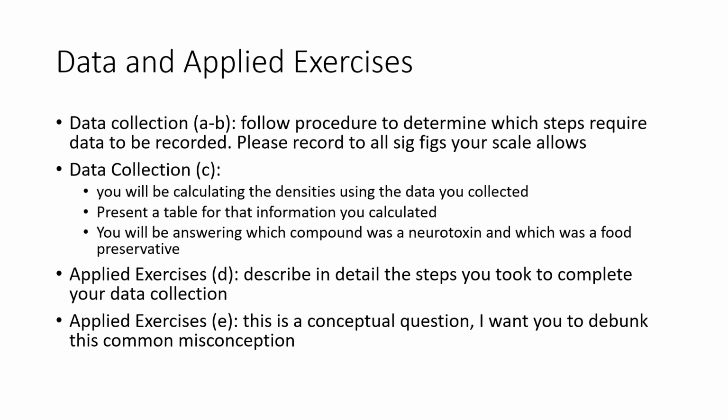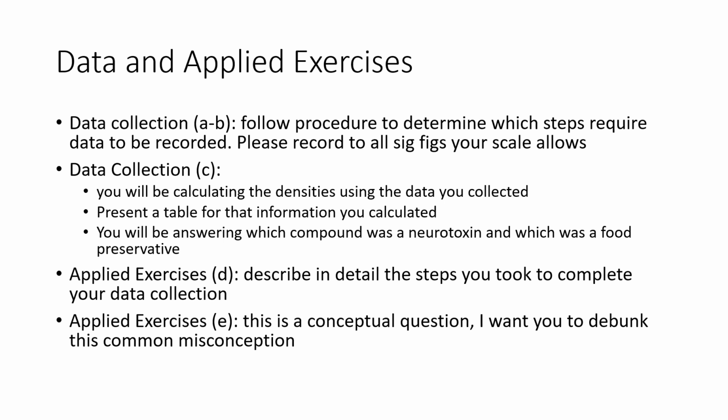And then part C, you'll be calculating the densities using the data that you collected. Again, that's using our basic density equals mass over volume equation. And then you're going to present a little table for that information that you calculate. It doesn't have to be anything fancy.